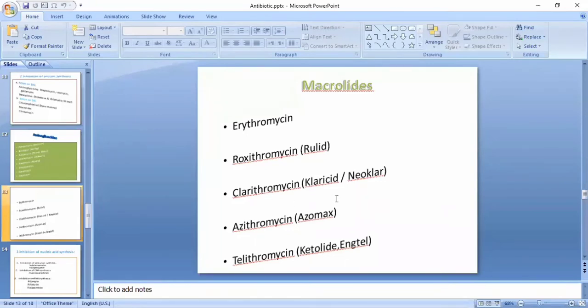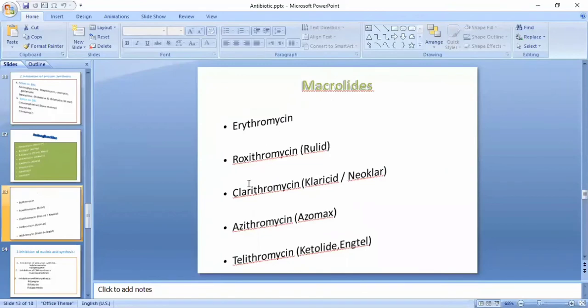Clarithromycin, with the name Claricid or Klacid, is effective for tonsillitis, and it is also given in H. pylori infection, the Helicobacter pylori infection, which causes chronic gastritis and peptic ulcers. So this drug is also effective in Helicobacter pylori infection.